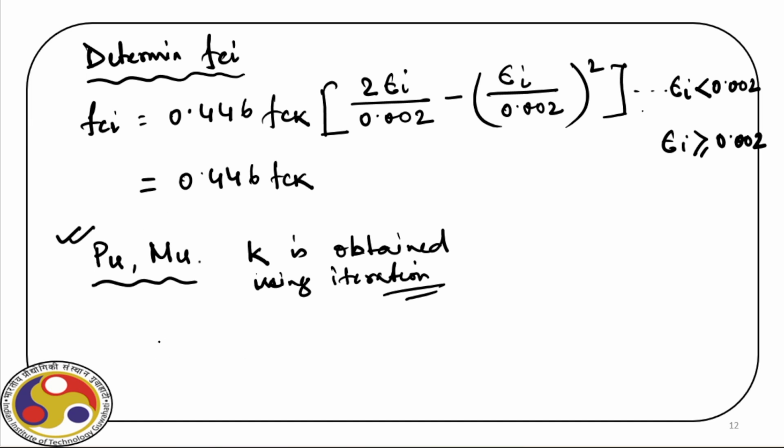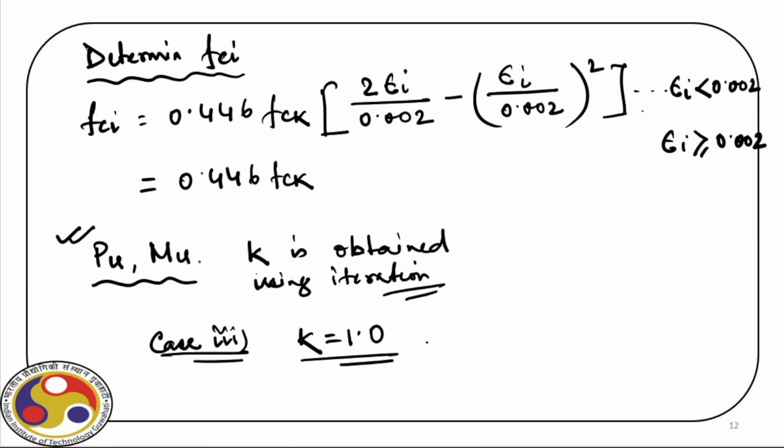Now, as I said, case 3 is a special case of case 2, so we don't need to separately derive the expression for it. If we put k equal to 1, we can get the sectional capacity for case 3. So with that, let us stop here.